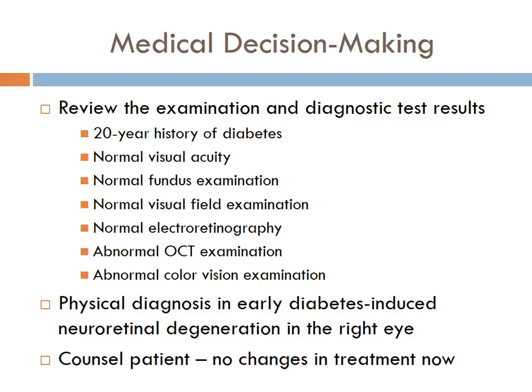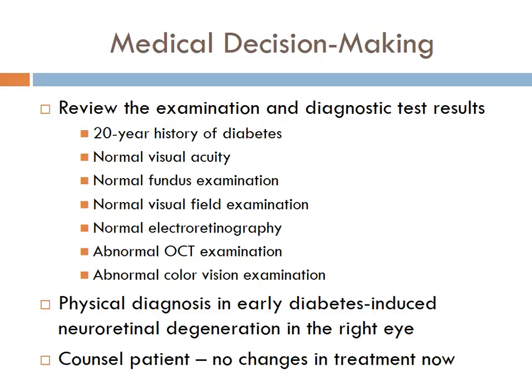And so I decided to make a physical diagnosis of early diabetes-induced neuroretinal degeneration in the right eye. To me, this patient has diabetic retinopathy. He has early neurodegenerative diabetic retinopathy in the right eye. It's very mild. It's not affecting his visual acuity.